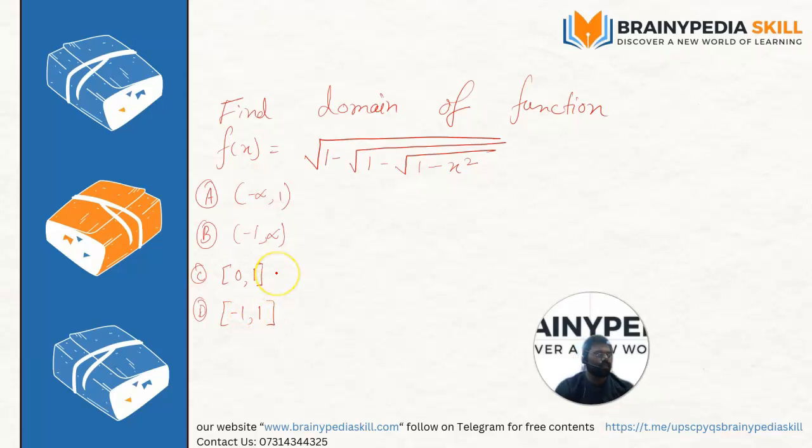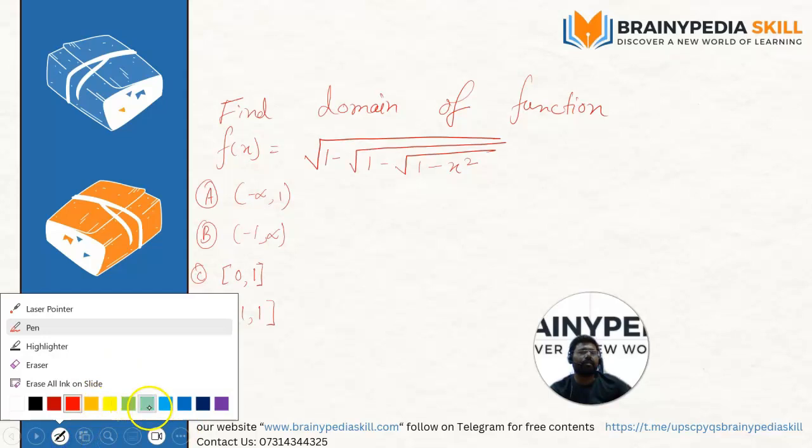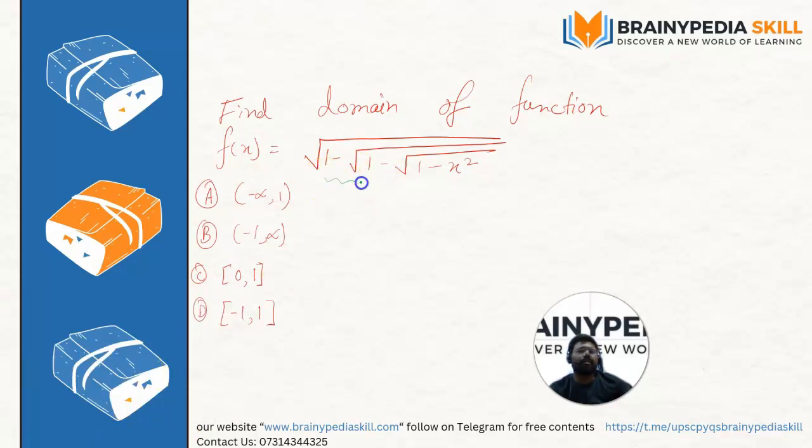Okay. So first of all, for f of x to be defined, what are we going to do? The inside part, let me change the color. This inside part must first be greater than or equal to 0. So 1 minus of root over 1 minus of root over 1 minus x square must be greater than or equal to 0. Okay.